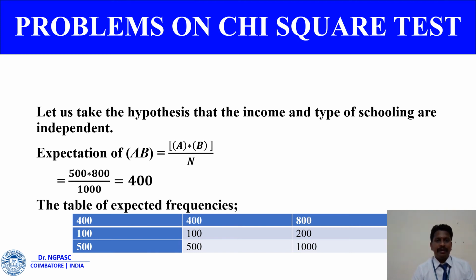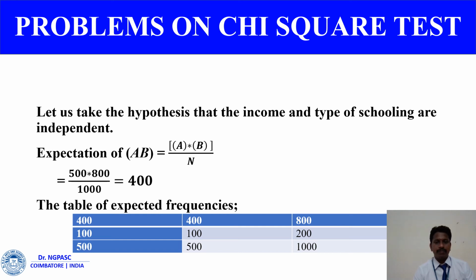Let us take the hypothesis that income and type of schooling are independent. Expectation of AB is equal to row total into column total divided by total number of families, that is grand total. 500 into 800 divided by 1000 is equal to 400.